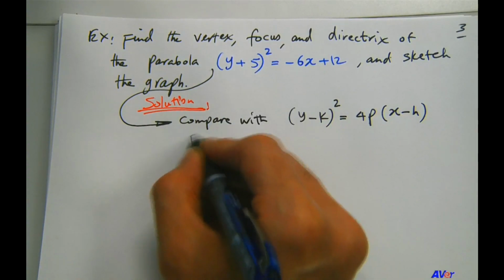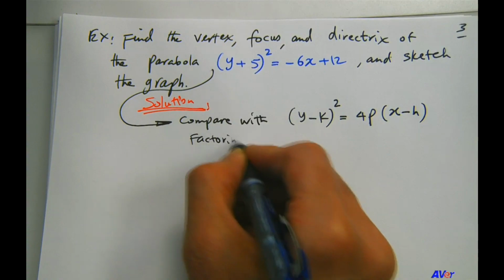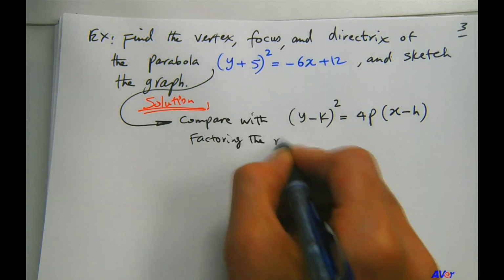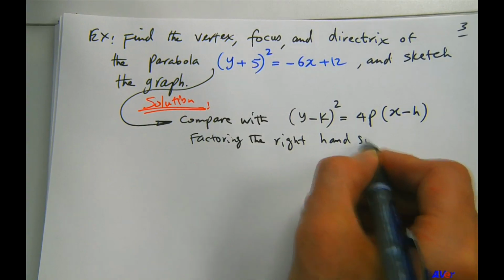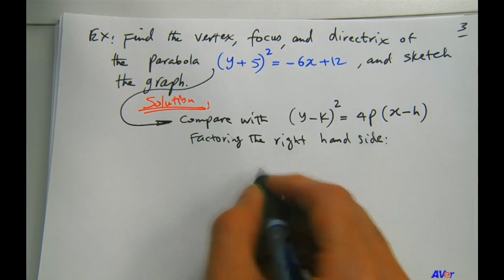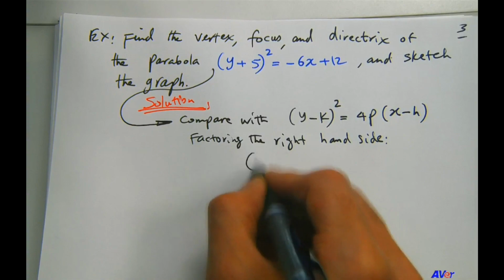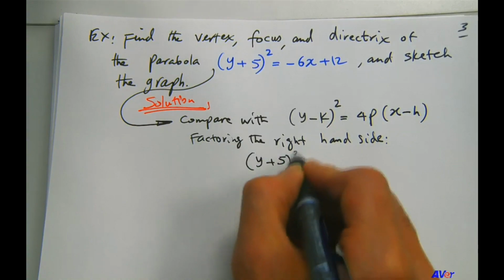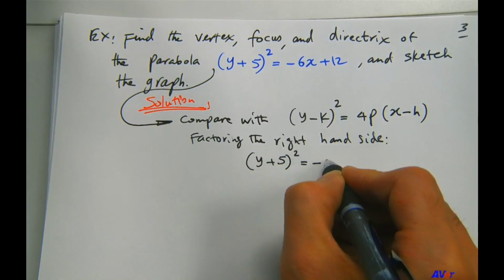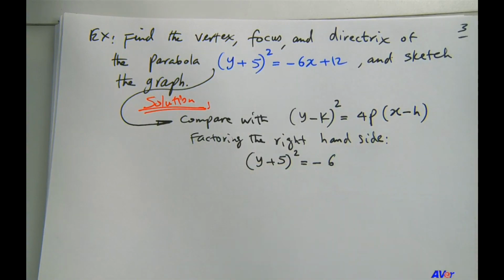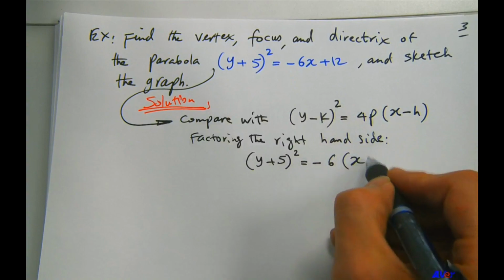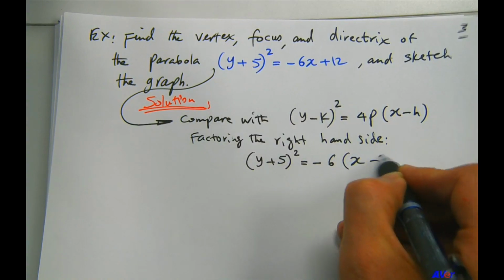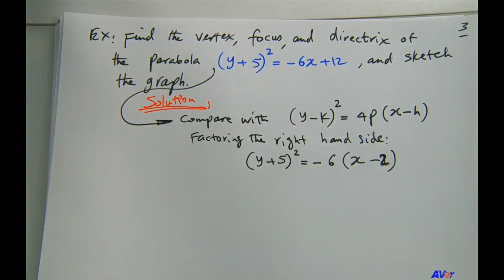So factoring the right-hand side, we have (y plus 5) squared equals -6. Let's factor -6. So what do we have left? x minus 2, right? x minus 2 we have left.